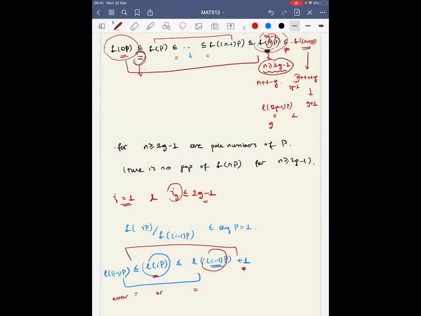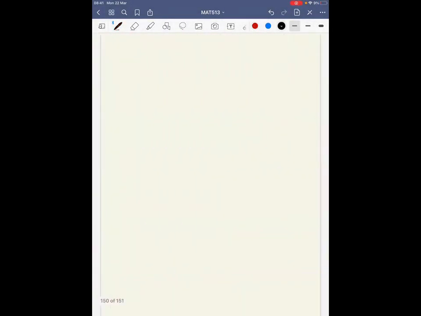between the dimensions. So that means there are exactly g−1 numbers between 1 and 2g−1 which have this proper inclusion.